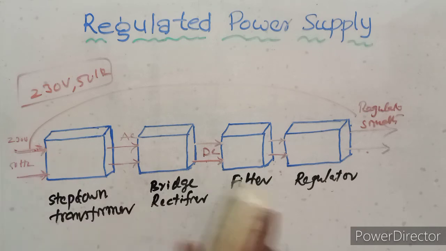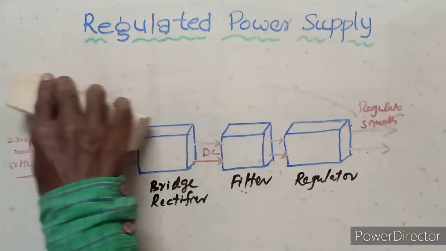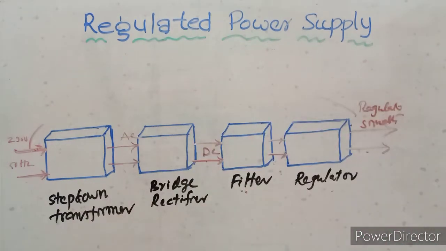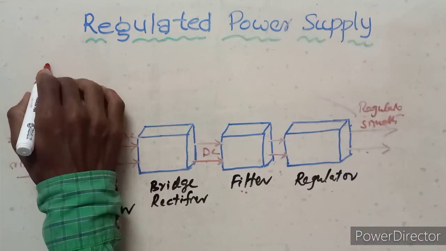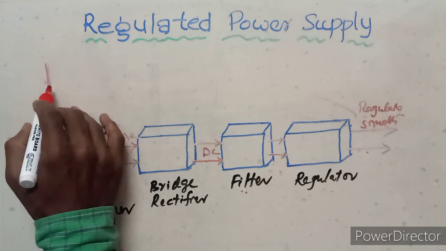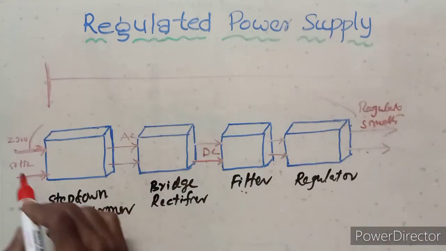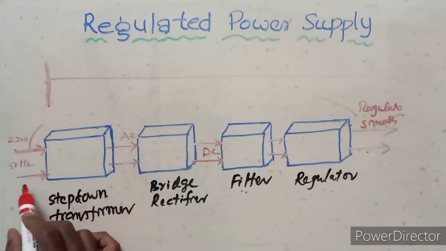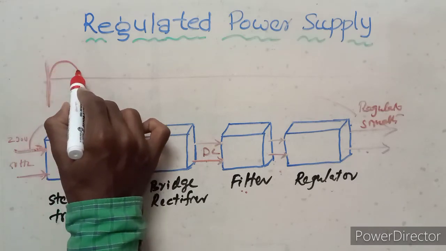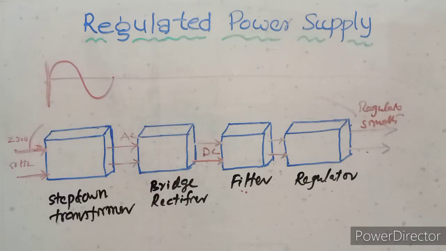Okay, regulated power supply. This power supply is explained with some curves. This is the AC power supply.